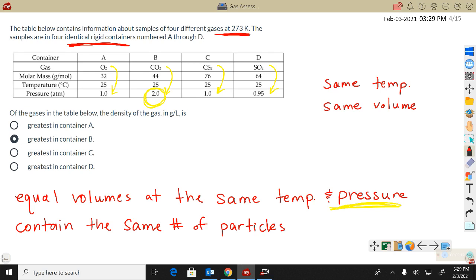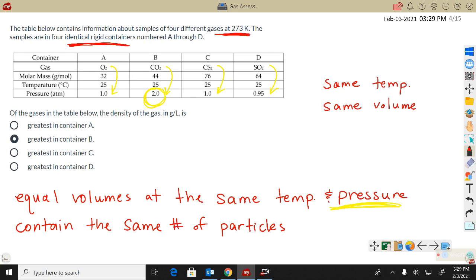Here's where we got to look at that pressure of gas B. Did you catch that gas B has twice the pressure? And so if these particles are at the same temperature and they're in containers that have the same volume, well, the same number of particles should cause the same number of collisions, which would cause the same pressure.